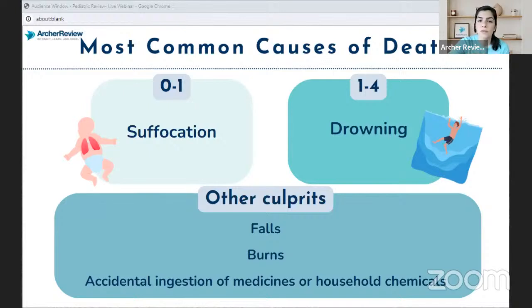Between the ages of 1 to 4, those early toddlers are really active. Drowning is the most common cause. So you want to really educate those parents about, do they have pool safety, water safety around bath time, not leaving the child unattended in the bath. That's always a no. And then other culprits, falls, burns, accidental ingestion of medicine and household chemicals.